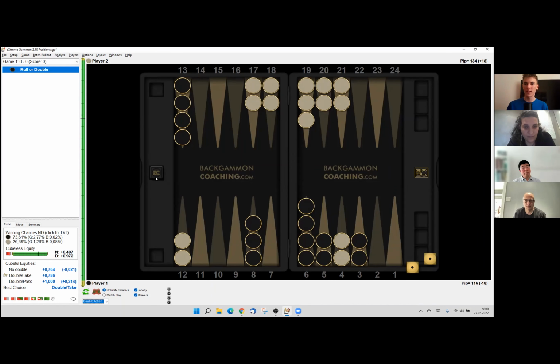we can lose our market. What does that mean? It means we need to double before it becomes a pass, right? That makes sense. Otherwise, if we roll double sixes now, our opponent is never taking it, right? So we need to double before.